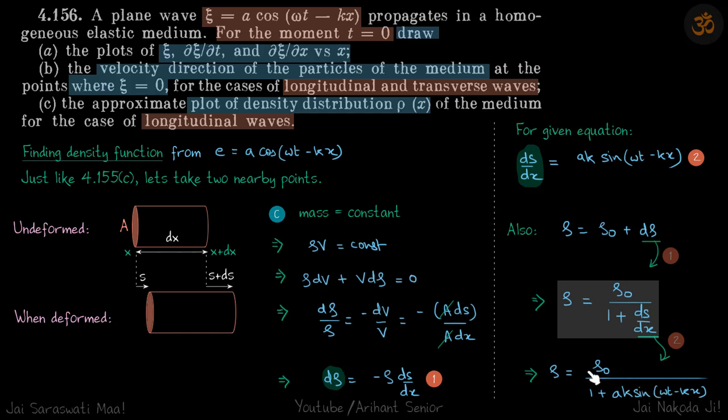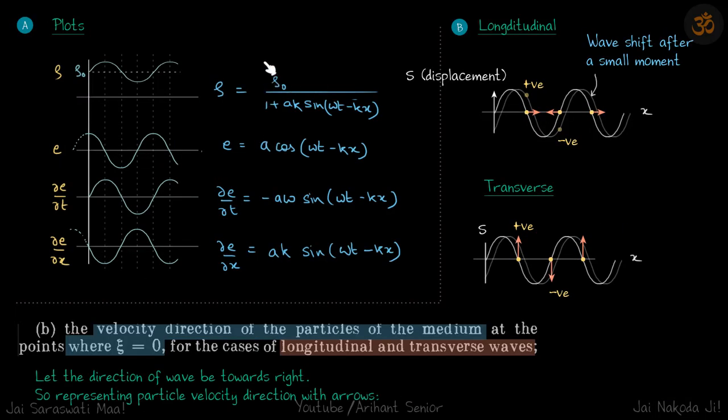Now we can plot that also along with these three. So let's do that. Our original equation is E equal to a cos(omega t minus kx), and rho as a function of x we just calculated is this. You can imagine that density cannot become negative.